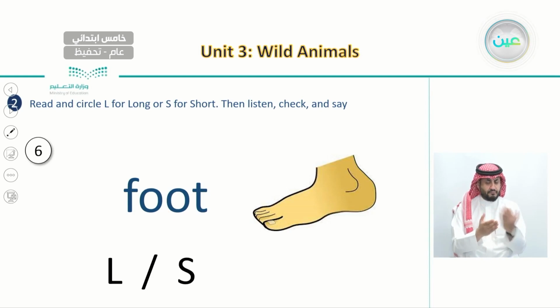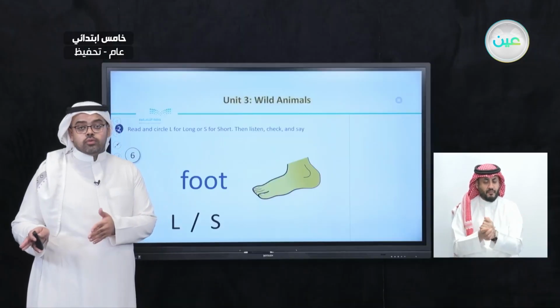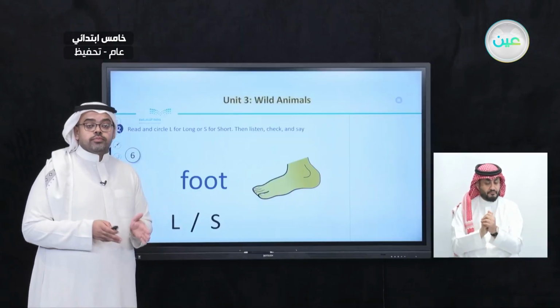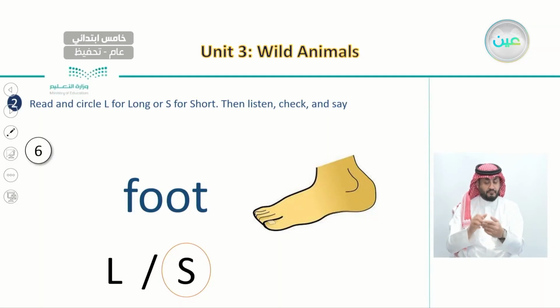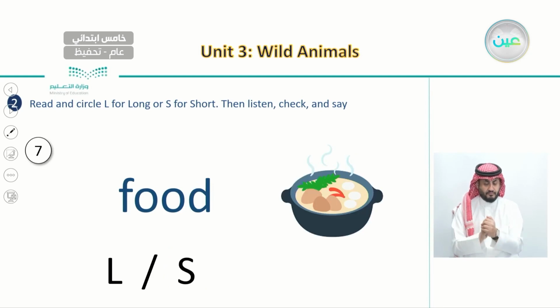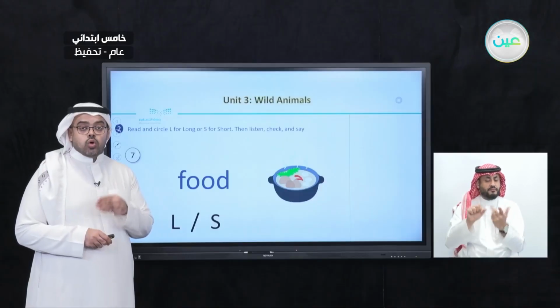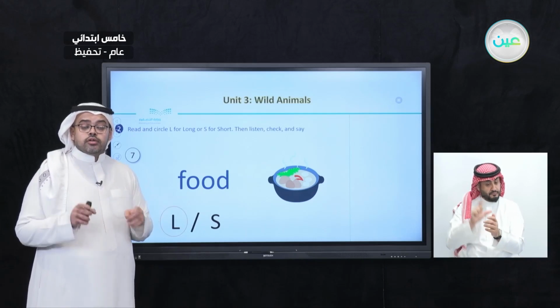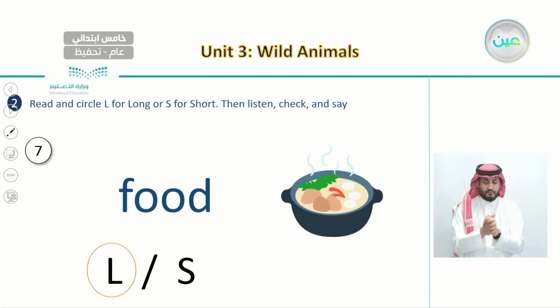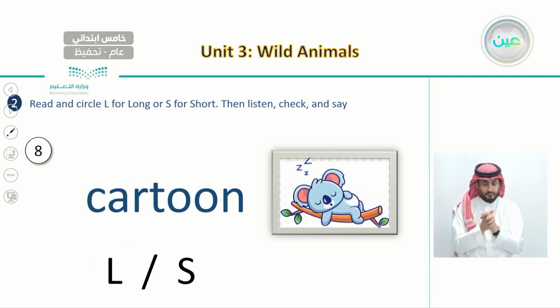So the long form or the short form? It is, of course, the short form. Number 7, food, food. So the word food, is it long or short? It has, of course, the long form of double O's.